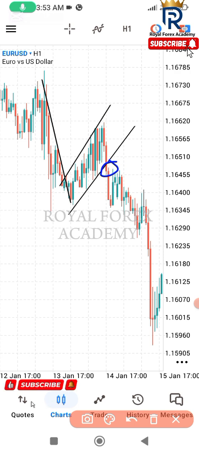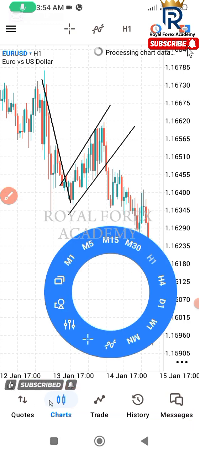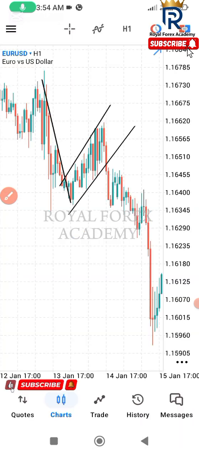So there are two ways you can make this entry. If you are aggressive, all you need to do once price closes out of the trend line, you can sell. But if you are conservative, you need to wait for a retest. So what is the retest all about? You can see that in this scenario, price breaks out of it.